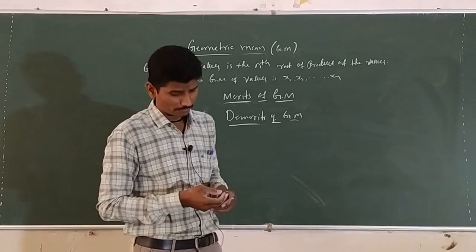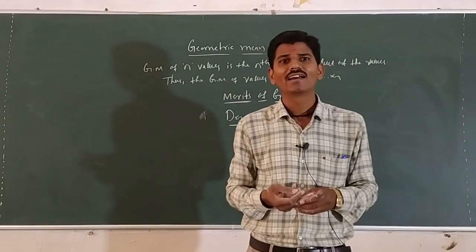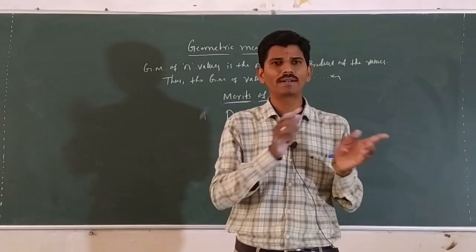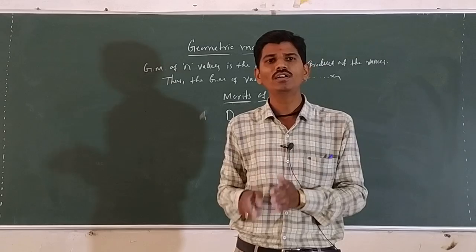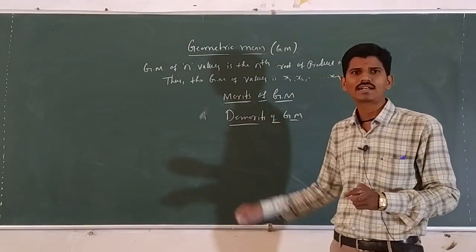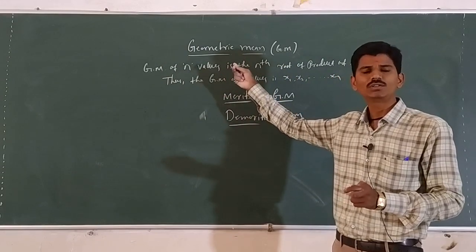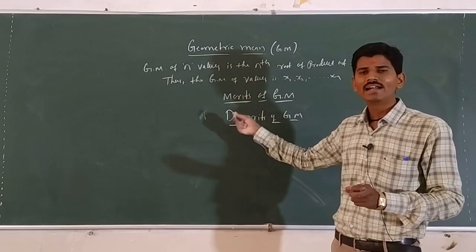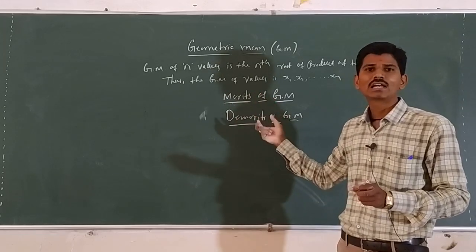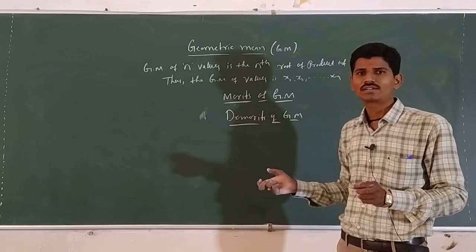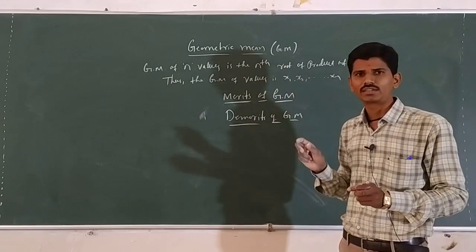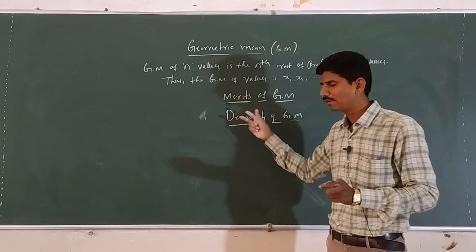Compared to them, the geometric mean procedure is difficult. It is difficult to calculate and understand because it requires logarithms and anti-logarithms. It is the first demerit.